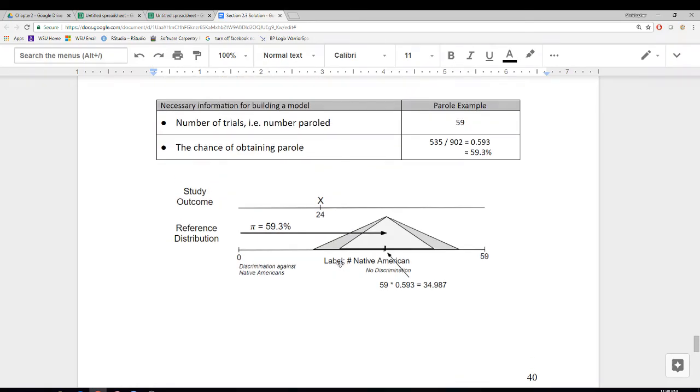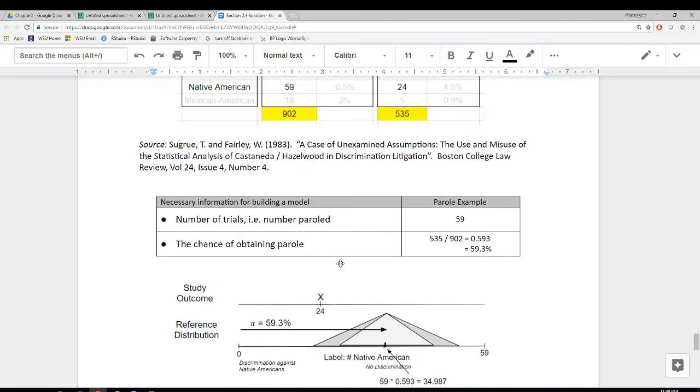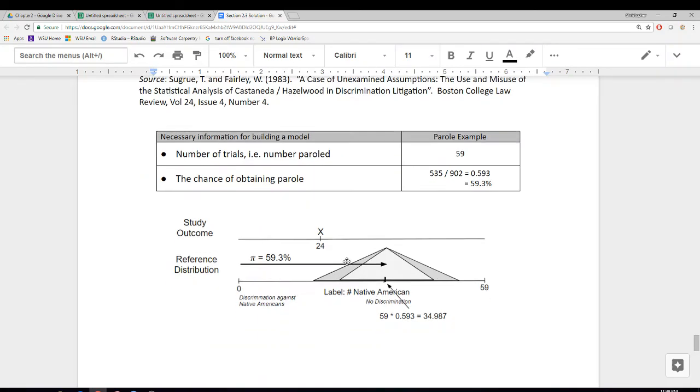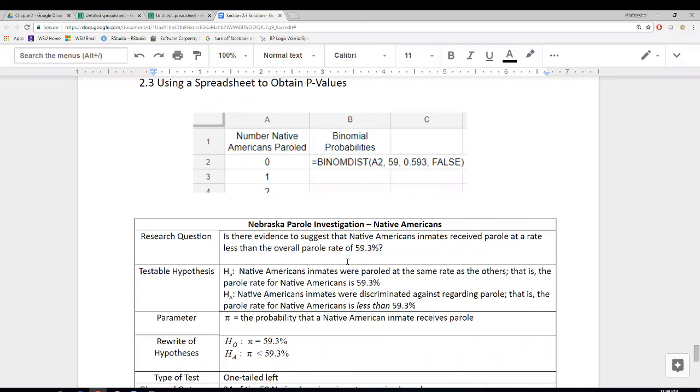Now, it turns out that the alternative approach is going to come to the same conclusion as the analysis we did above. So how would I set this up in my spreadsheet? The list of possible outcomes would now need to go from 0 up to 59, not up to 535.